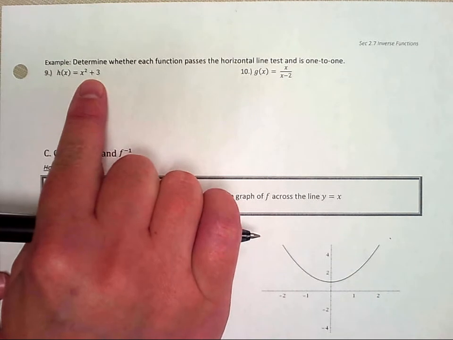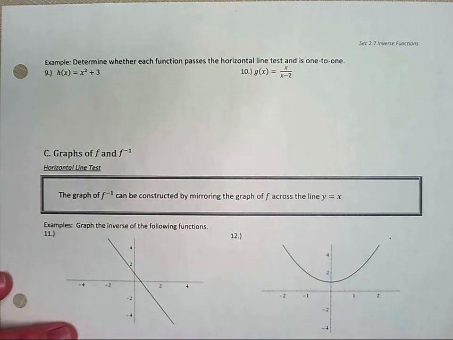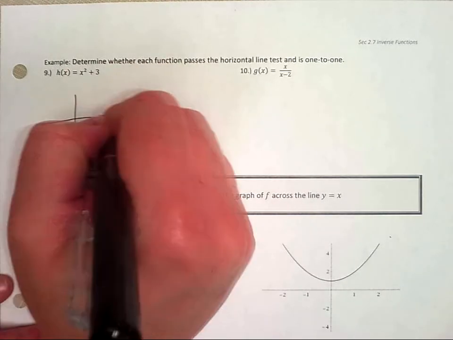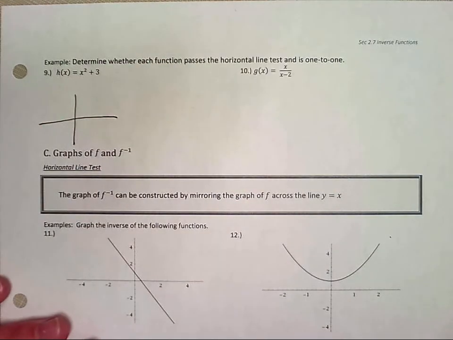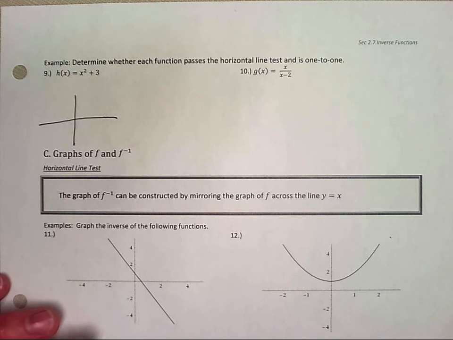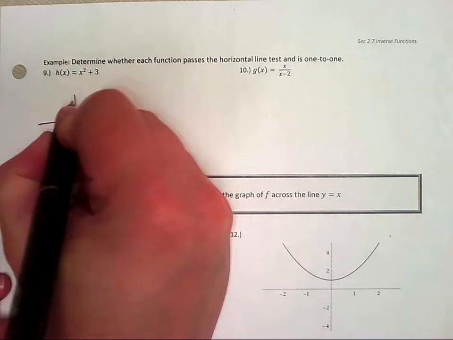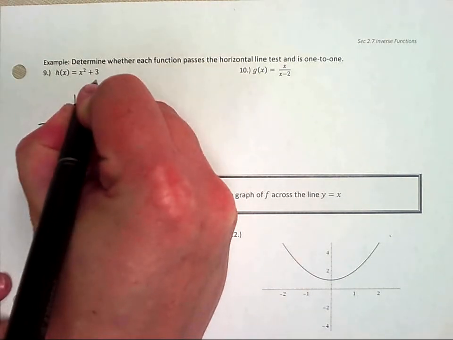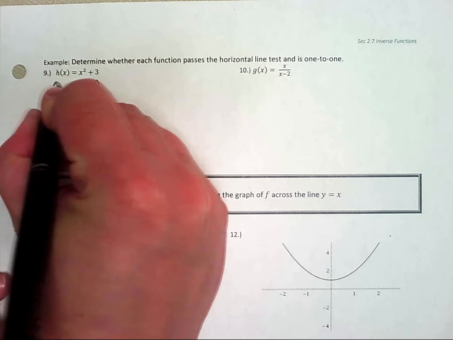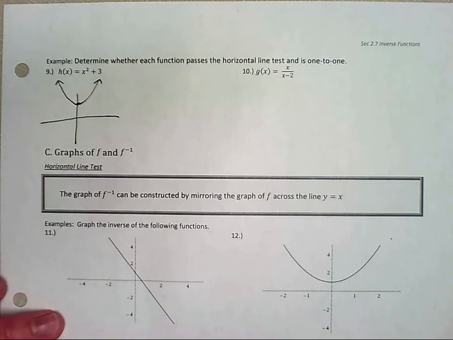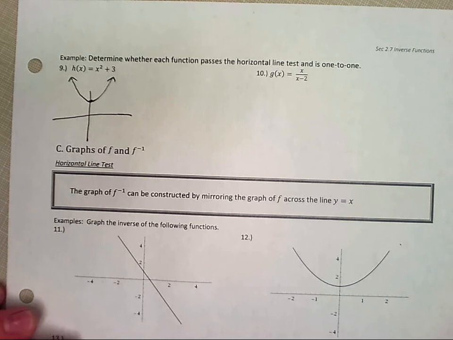X squared plus 3, what does that plus 3 do to my parabola? Takes it from having the vertex at 0, 0 to 0, 3. So it shifts it up 3 units. If I'm adding and subtracting on the outside of my main function, that shifts it up or down, right?